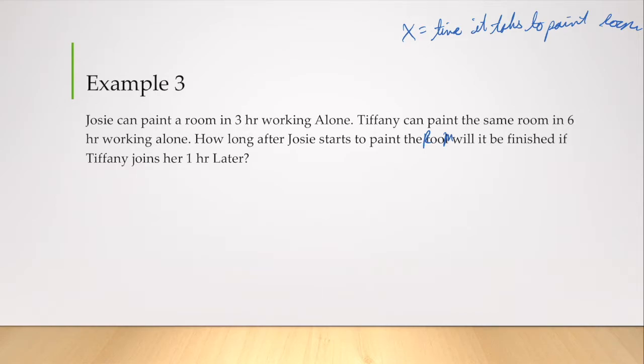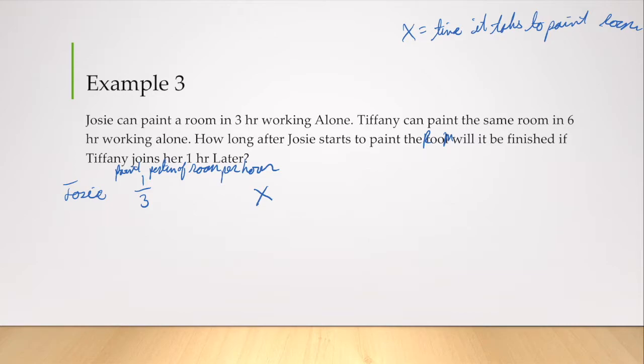I know that Josie can, in 1/3 of an hour, paint 1/3 of a room per hour. And she's going to work on that room x hours. We don't know, it's the time it's going to take them together.